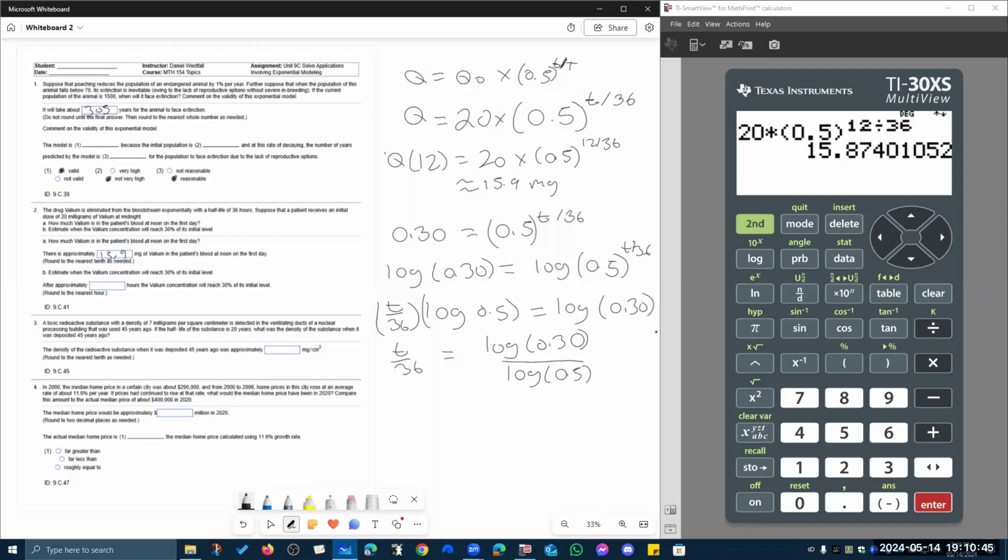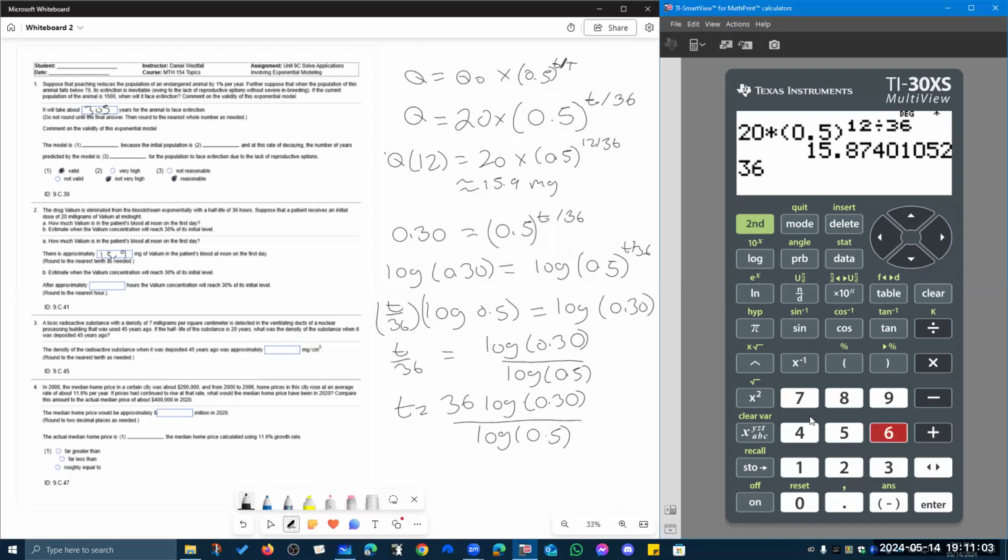And then we're going to multiply by 36 to solve for t. So 36 times log of 0.30 over log of 0.5. Let's just put the fraction in there first. 36 times the log of 0.30.